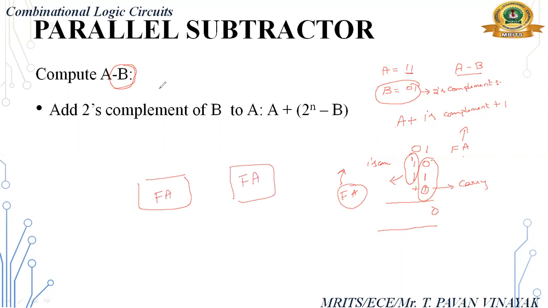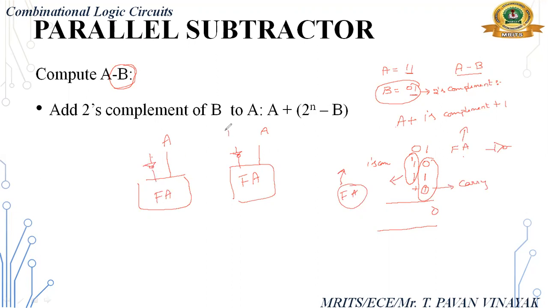A is fixed because A is a positive number. So I am taking A directly here. A, A. For B, what do you do? Complement. Complement is given by the NOT operation, right? So I am taking a NOT gate here.